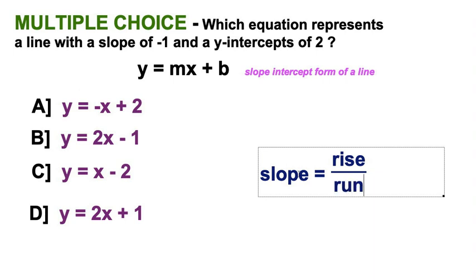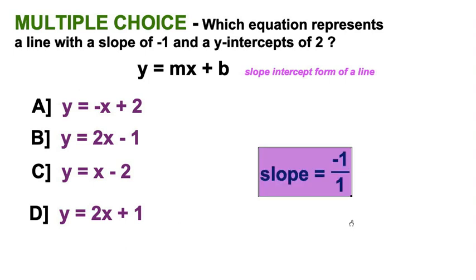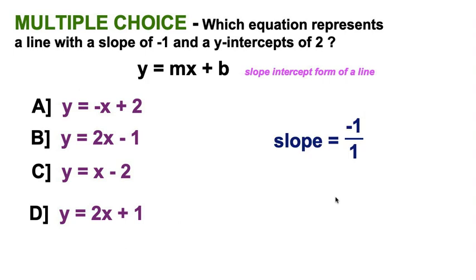Now, if I have a slope of -1, that's an odd-looking fraction. I could think of that as -1 over 1 or down 1 over 1. As a coefficient, that's the same as the number -1.